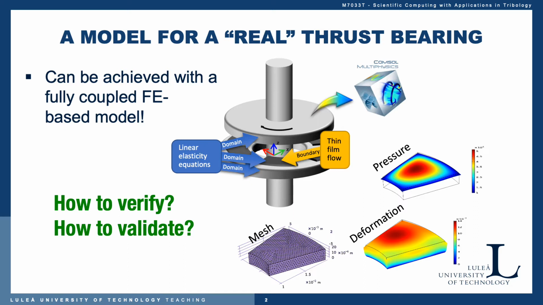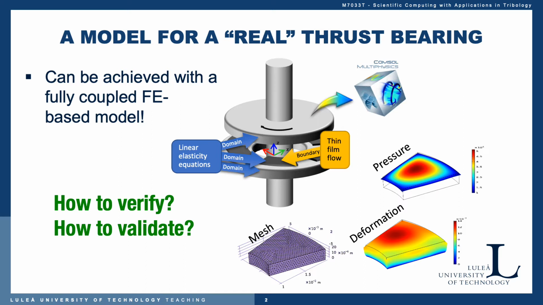We realized to model this one, we really need to couple a few different physics to have a trustworthy and valid prediction. And here I have listed probably two of the most important ones, and that is the linear elasticity equations to be solved for the deformations in the shaft, in the collar on the shaft and on the bearing pads.